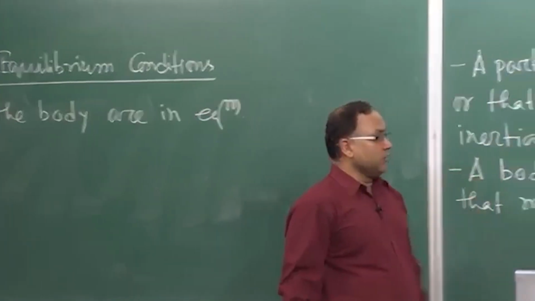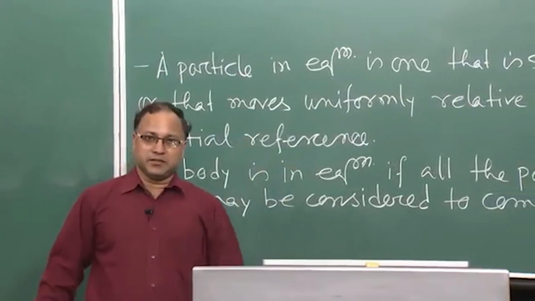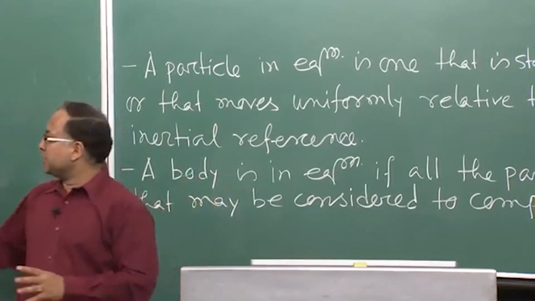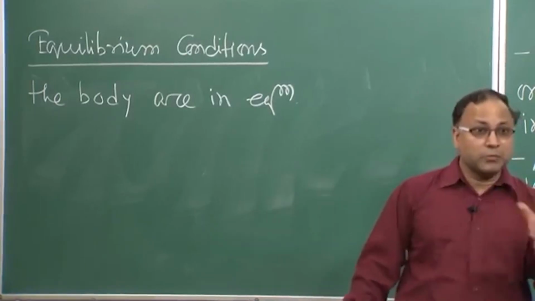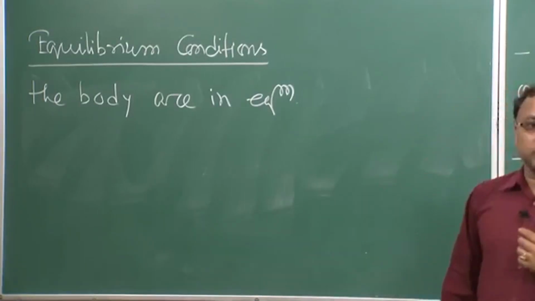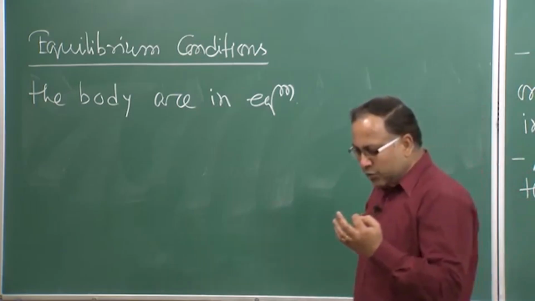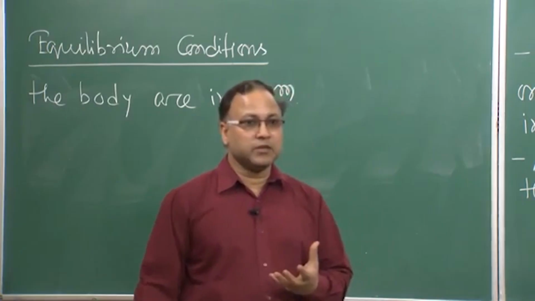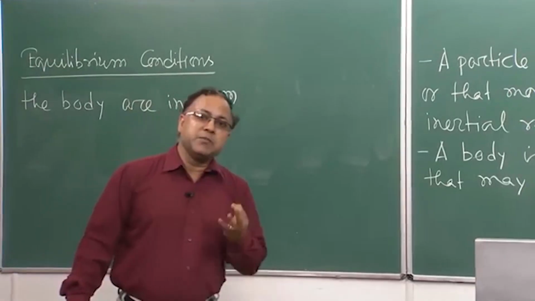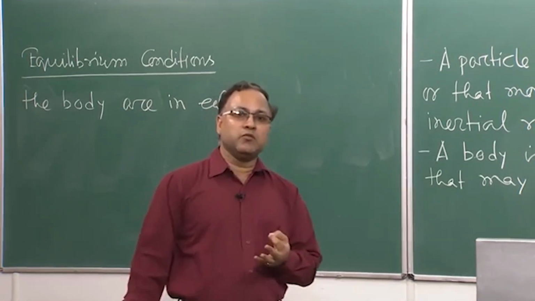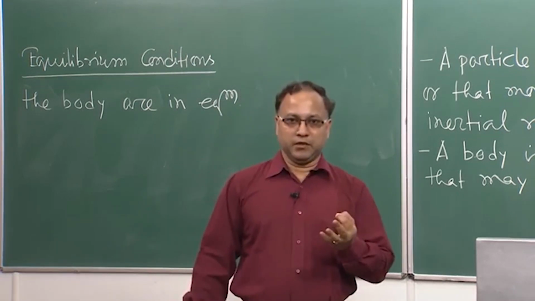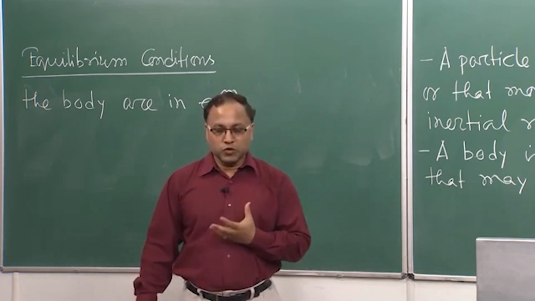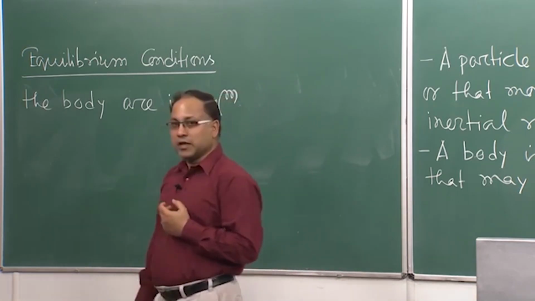A body is in equilibrium if all the particles that may be considered to comprise the body are in equilibrium. Basically, if I say a body is in equilibrium, that means each and every particle in that body will be in equilibrium. Now, what are the laws of equilibrium? Those things we are going to discuss now.